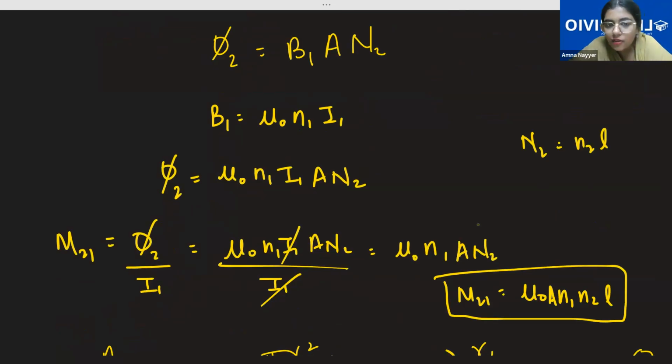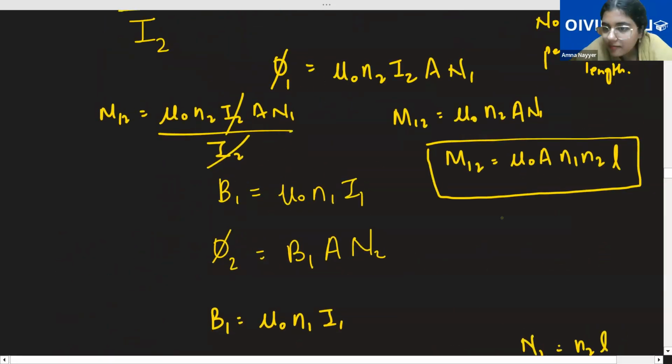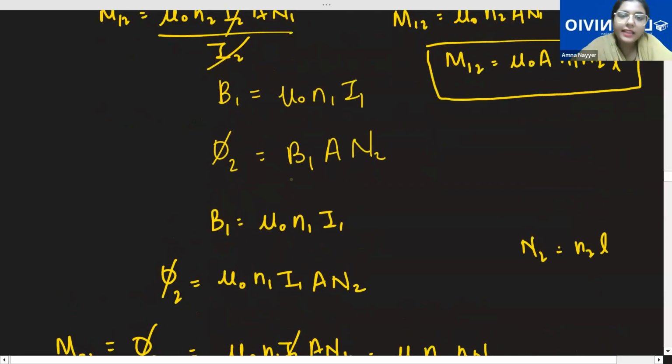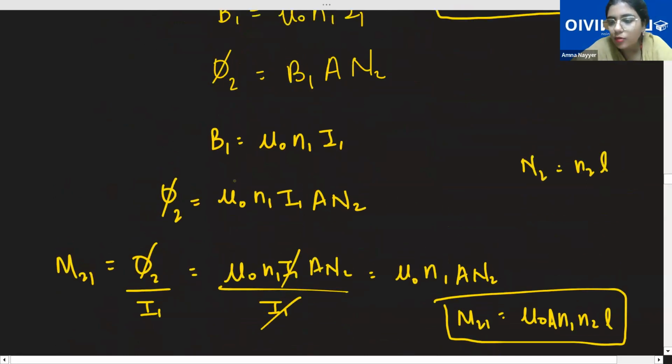So when you put in the value of phi 2, mu naught N1 I1 A N2 divided by I1, I1 still gets cancelled. So you get mu naught N1 A into N2. Now N2 is equal to small n2 into L. So you get the same conclusion whether it is M12 or M21. You take any magnetic field and the neighboring flux will be influenced. That's it. This is all you have to remember.